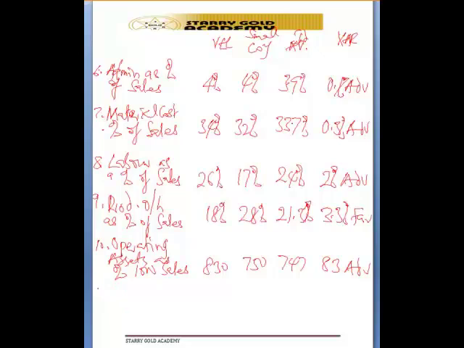You have the next one, 11, which is a current asset, 1006.